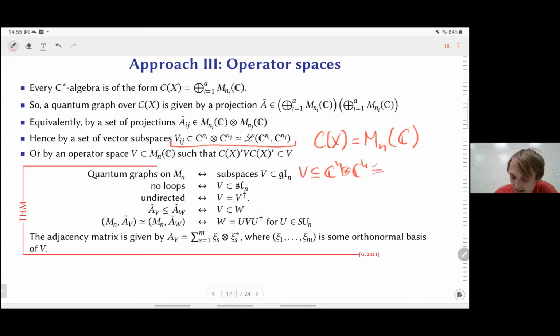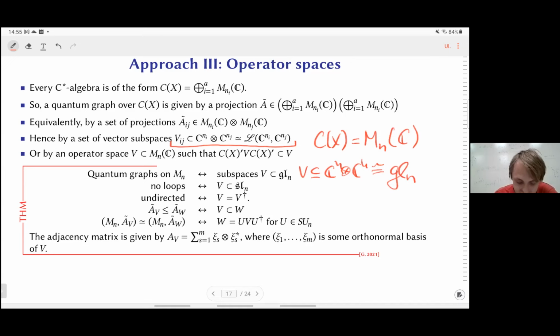Which is actually something you can describe by M_n C again, or maybe, so that you don't have two M_n Cs with different meanings, I decided to write gl_n, the general linear Lie algebra, which is the same as M_n C but has a different notation.